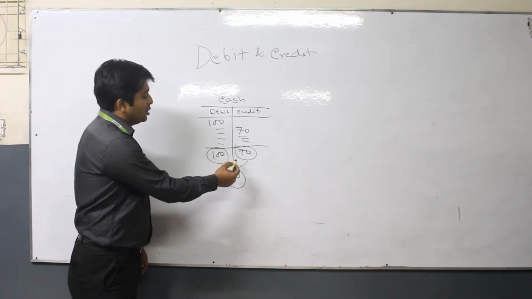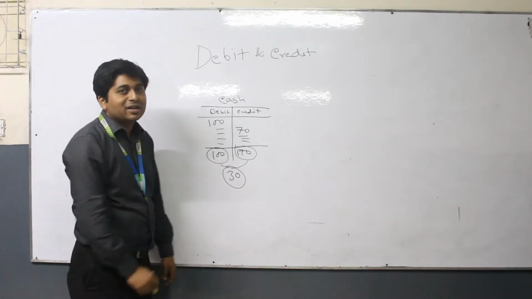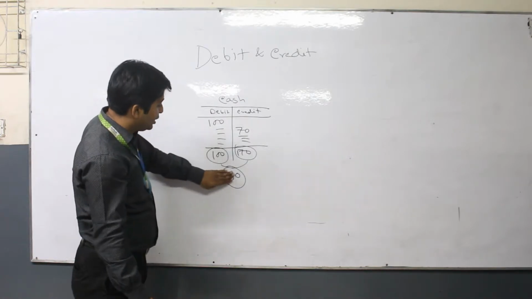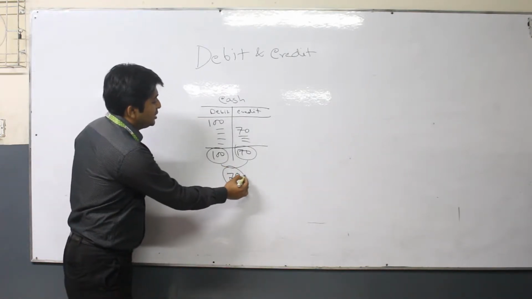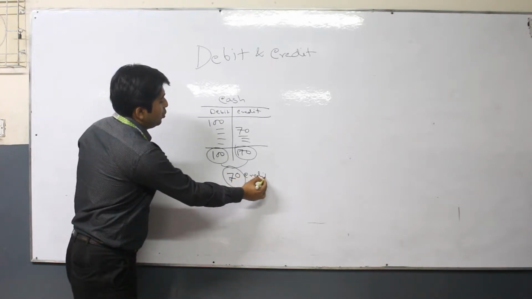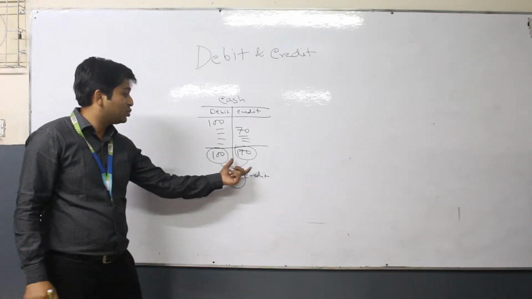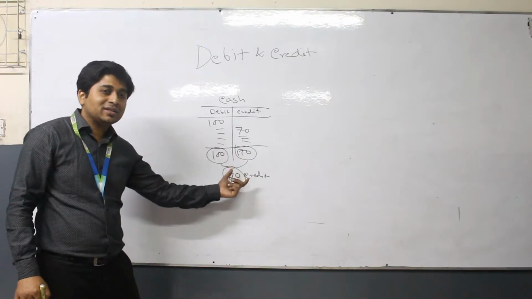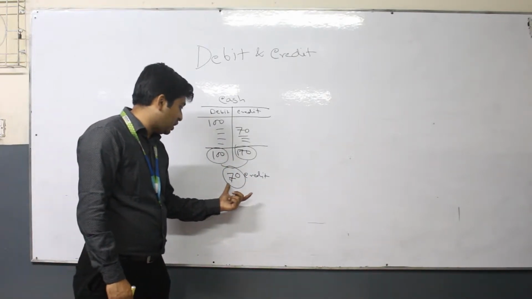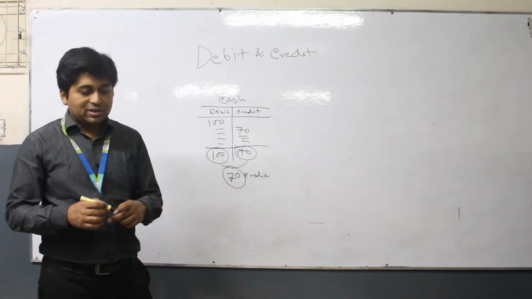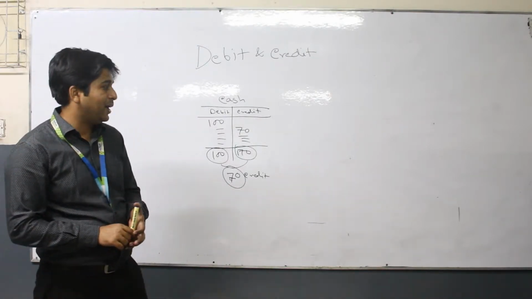If it is 170 rather than 70, what will happen? Then the balance would be 70 credit balance. Why credit balance? Because here the total of the credit side is greater than the total of the debit side. That's why it is considered a credit balance.